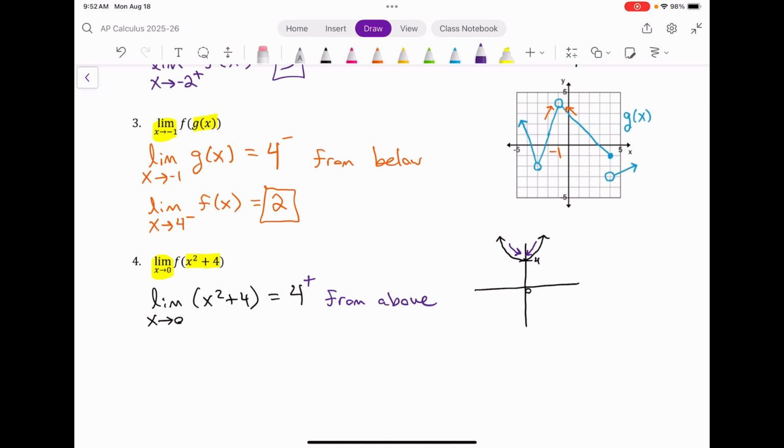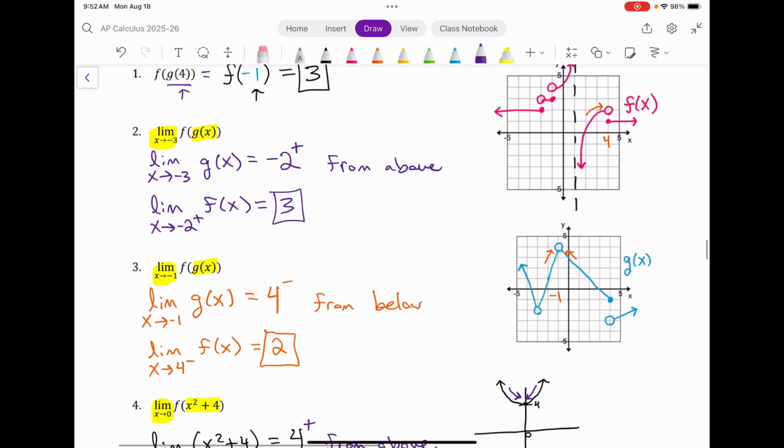So when I take the limit as x approaches 4, it needs to be from the right side on the f graph. So from the right side, we're approaching a y value of 1.